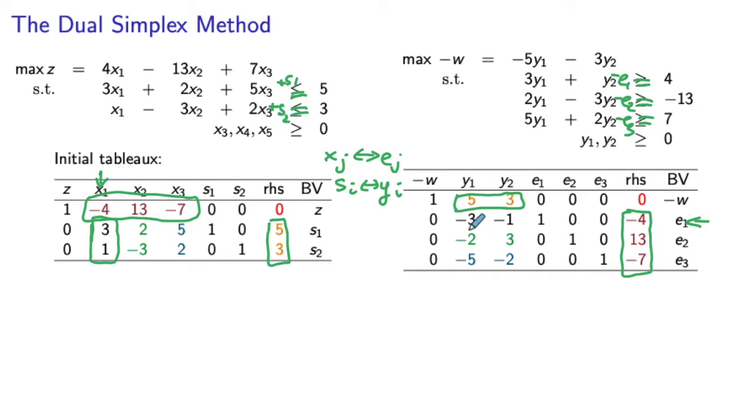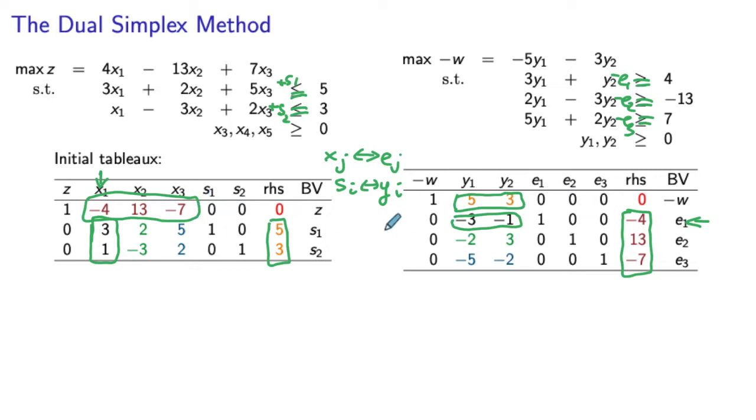And this is exactly what we observe, but we see that the sign of these coefficients is flipped compared to what we have in the primal tableau. And this is because we had to multiply all the dual constraints by -1 in order to make sure that we have the identity matrix for the excess variables here, right?